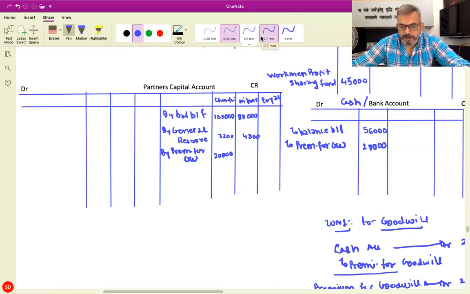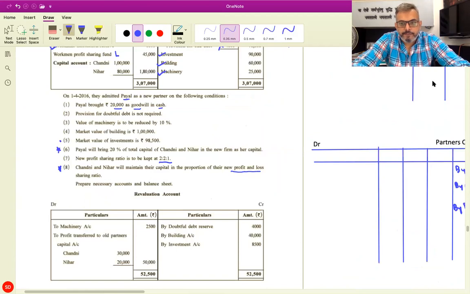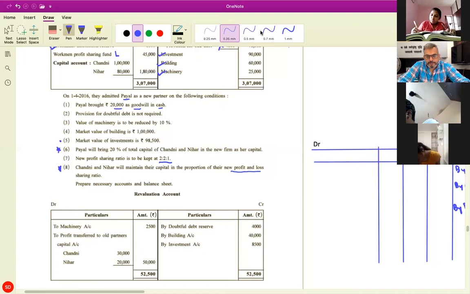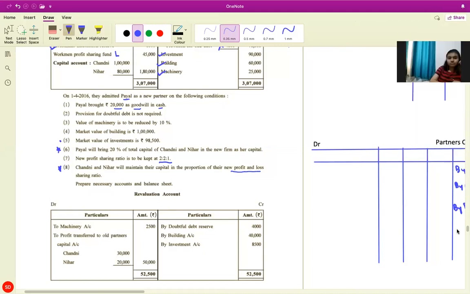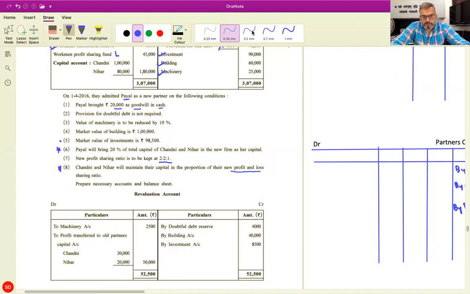Always write the journal entry so that your foundation becomes stronger. Has everyone got this so far? Should I proceed? Give me a thumbs up. Okay, thanks. Now we proceed further.